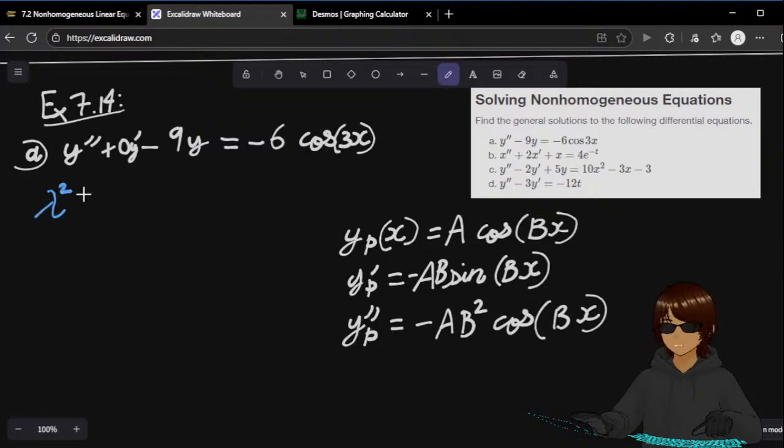Wait, lambda squared minus 9 lambda is 0. So let's try to solve this.